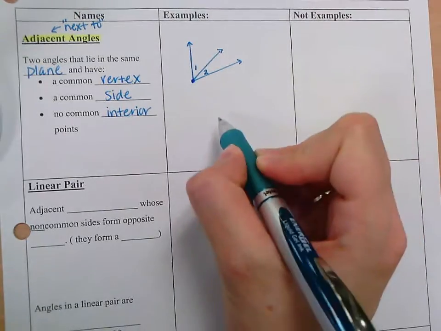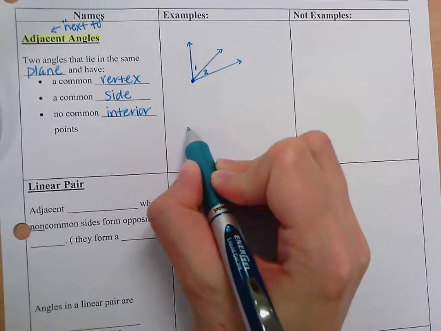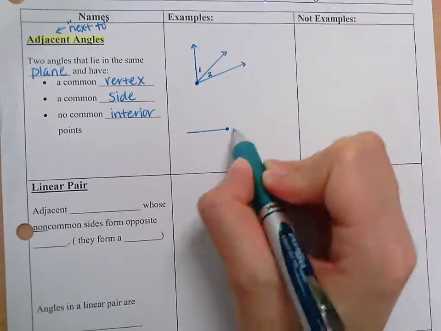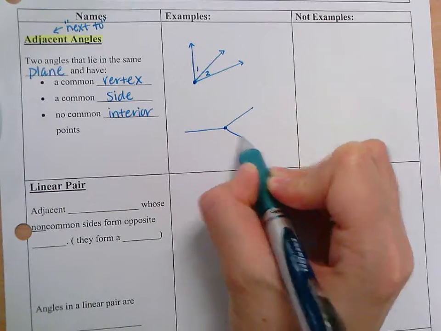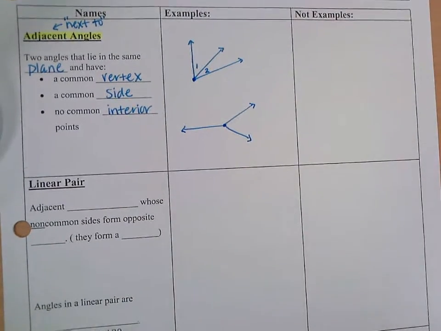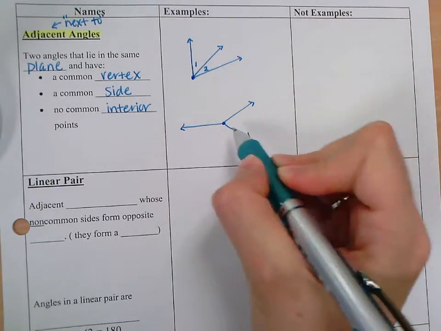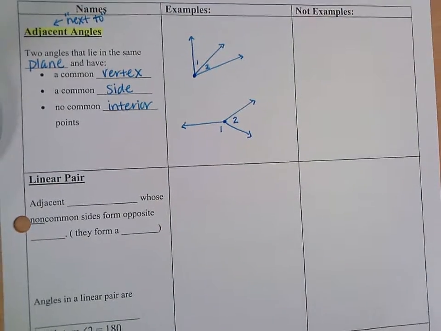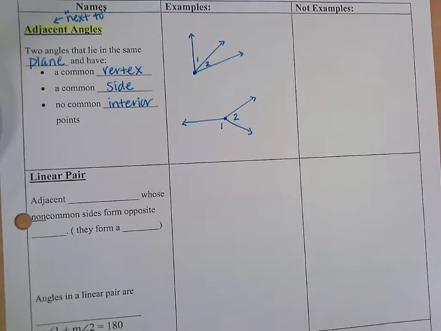I'm just going to draw one other picture that doesn't look the exact same, because sometimes when you have obtuse angles in there, it looks a little different. But even this, those angles 1 and 2 would also be adjacent.